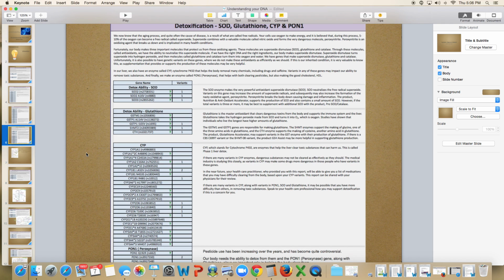People with defects in their PON pathway have to be very careful about buying the dirty dozen, foods that have the highest content of pesticides and chemicals, which you should buy organic. You need to be really tight on staying away from pesticides and herbicides and things like that if you have defects in your PON pathway.